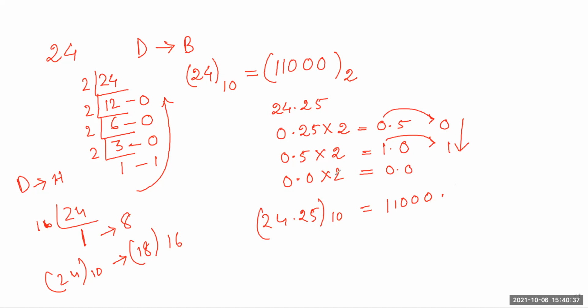I have said that when you get 00, that line will not be considered. So the value is 11000.01 base 2, because for the fraction you consider from top to bottom.